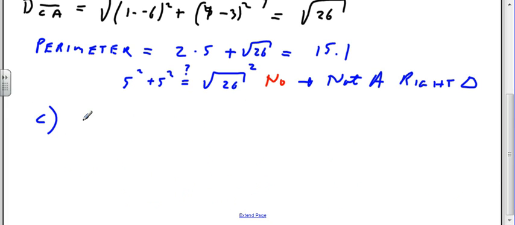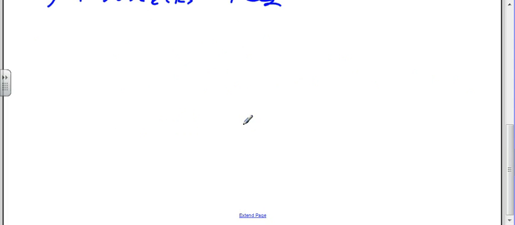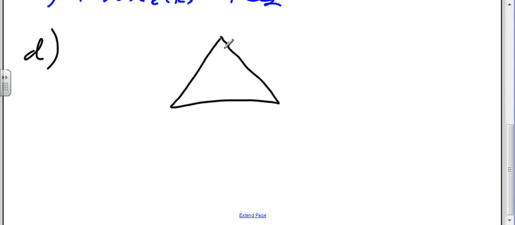So part C, isosceles. Yes, because two sides are equal to each other. All right, now it says that I'm only supposed to find the area if it's right. But being the overachievers that we are, we're going to take this isosceles triangle and we're going to find that this side is the square root of 26.